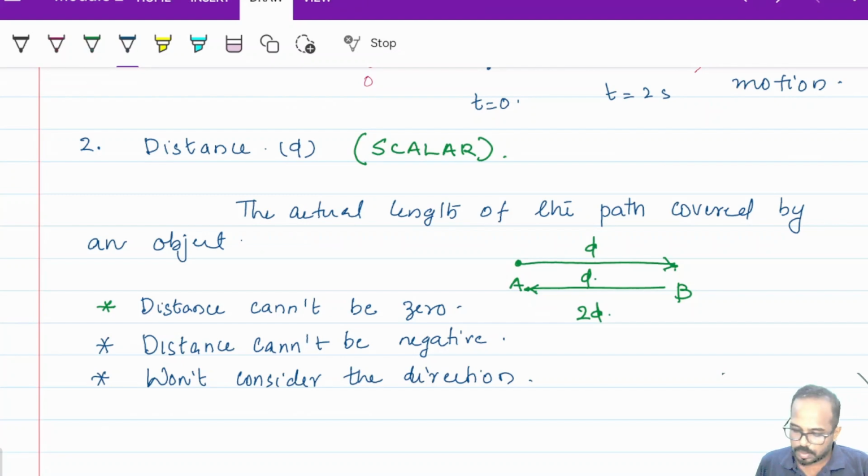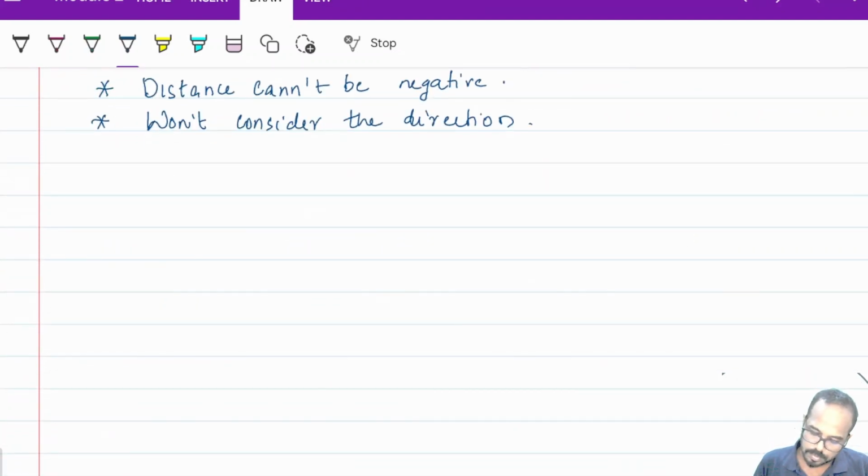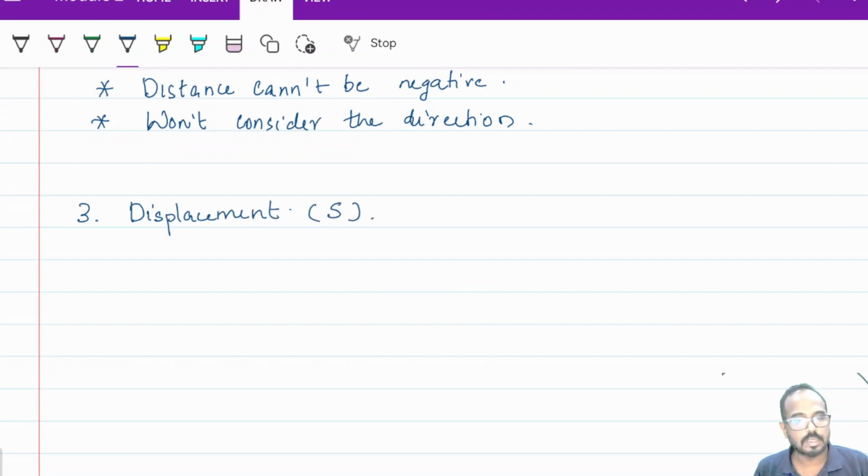Clear? This third one, displacement. Displacement, usually we will use S for displacement. So what is displacement? Displacement is the shortest length from initial position to final position.